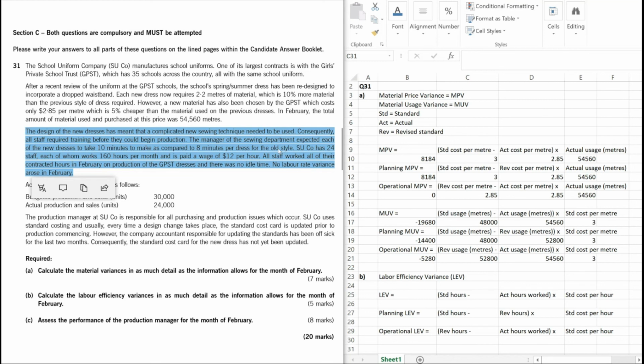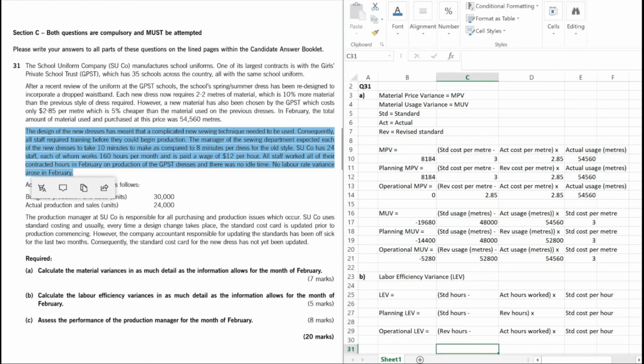Okay, so what can we use this information for? This has to do with the time taken, which is used in labor efficiency variance. Once again, standard hours and revised hours for that matter will be calculated by taking the actual number of units produced and multiplying them by the standard hours per unit.